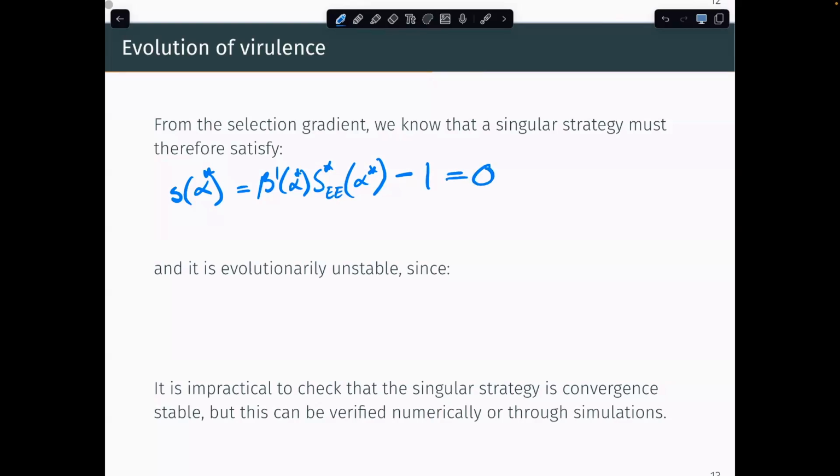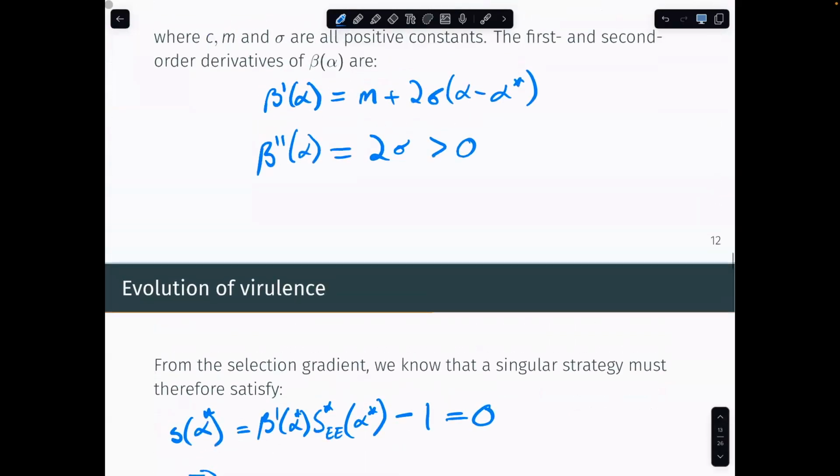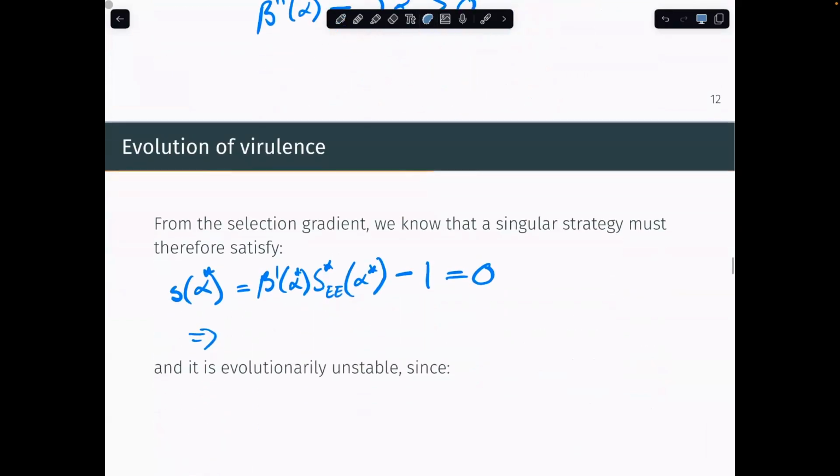We've just worked out what beta prime is, so we just need to substitute that in. So beta prime was up here. We have m plus 2 sigma times alpha minus alpha star, times s star of alpha star, must equal 1.